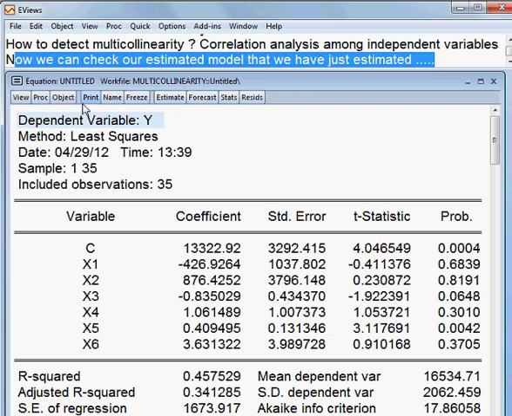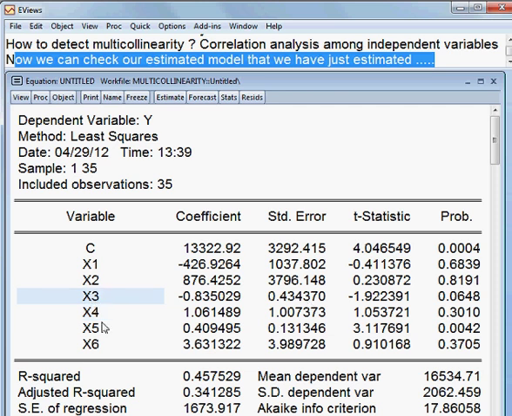The dependent variable. That means if the p-value is less than 5%, then that independent variable has an influence on the dependent variable, y.